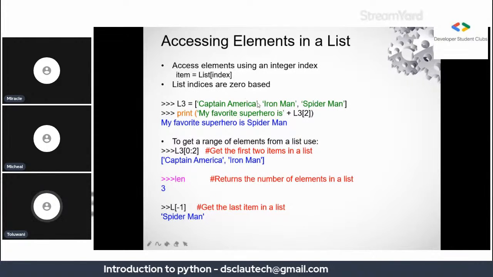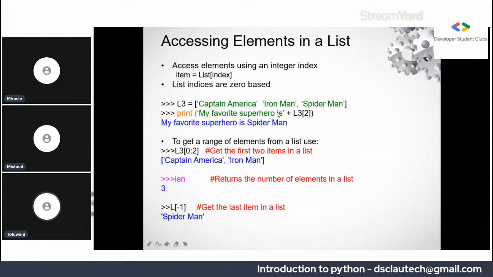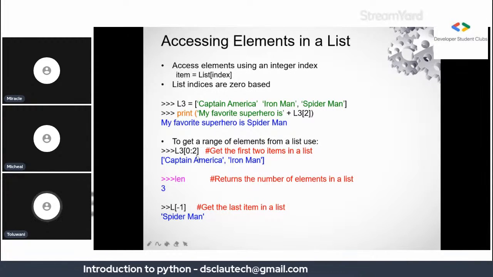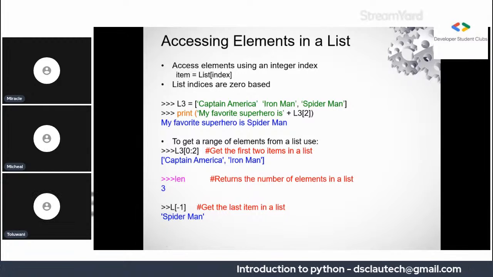So if I want to index both of them, I have to do zero up to two. I'm doing zero up to two because this is zero, this is one, this is two. But when you're doing up to in Python, it will not pick the last number. So it's not going to pick the index two. It will only pick index zero and one for you. So that's why this is returning Captain America and Iron Man. Is that okay?